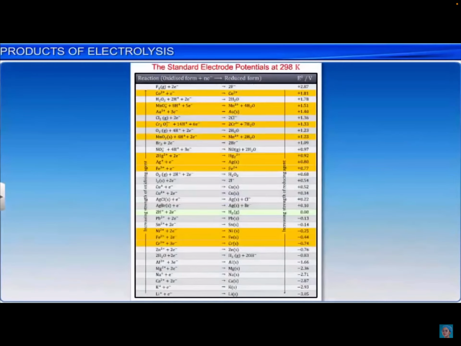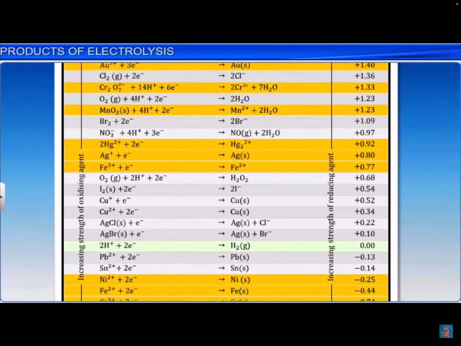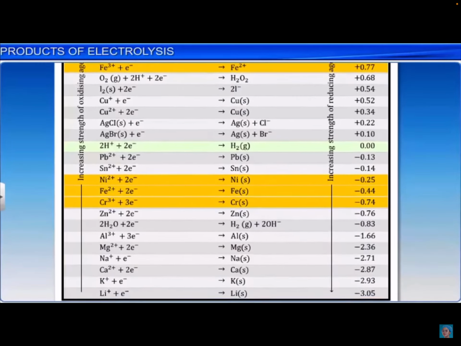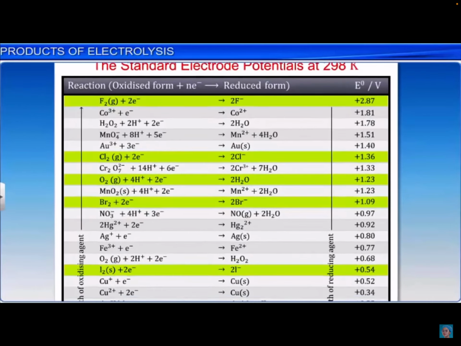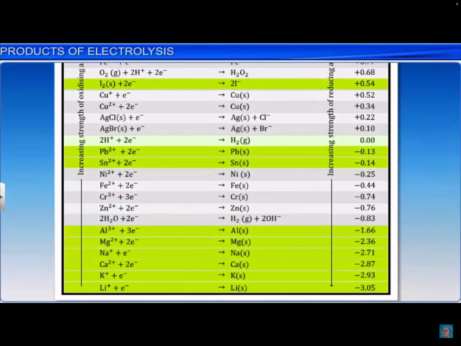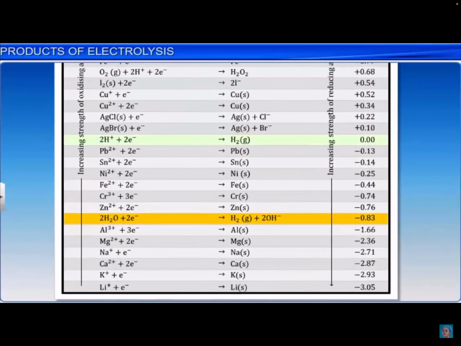Transition metal cations will undergo reduction since they have favorable reduction potentials. Representative metal cations will be too difficult to reduce. Instead, water will be reduced at the cathode, forming hydrogen gas.